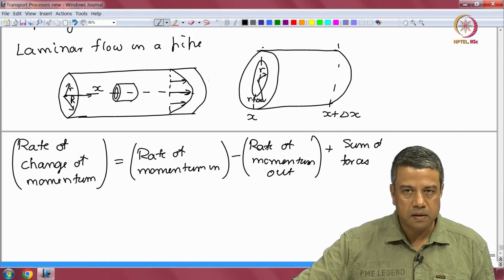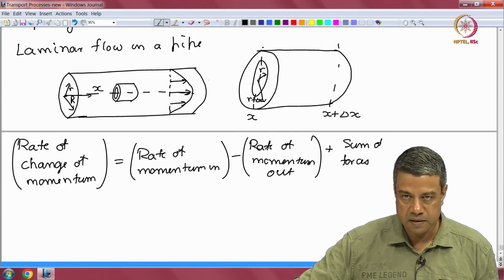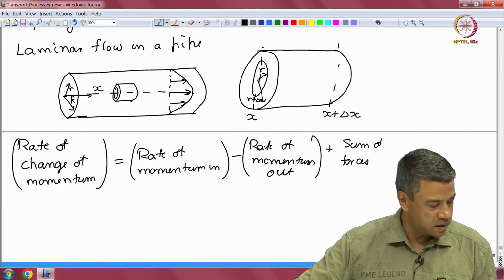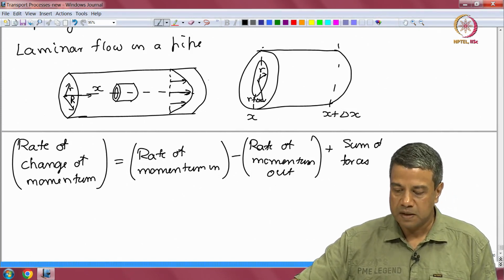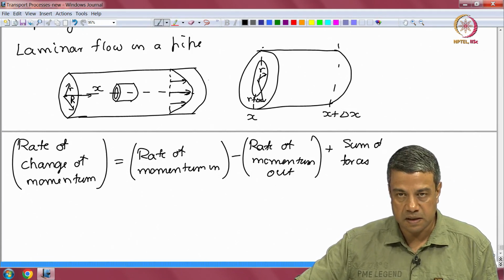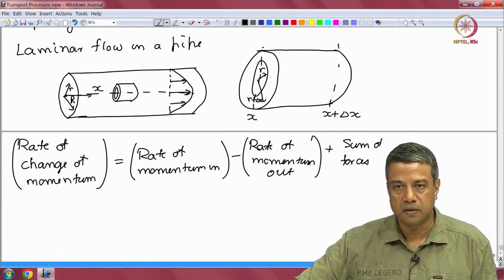So, there are 4 surfaces. There is a surface at r, surface at r plus delta r, surface at x, and surface at x plus delta x. And each of these have their own surface areas.